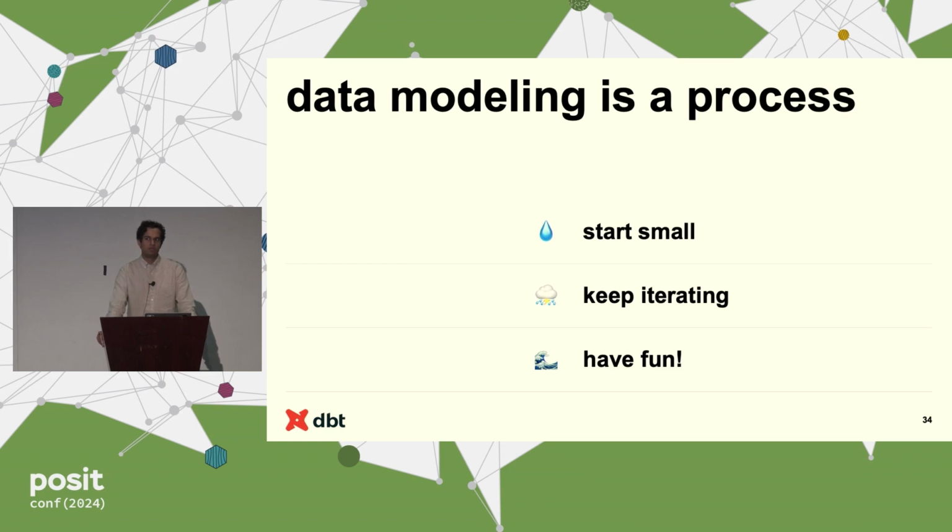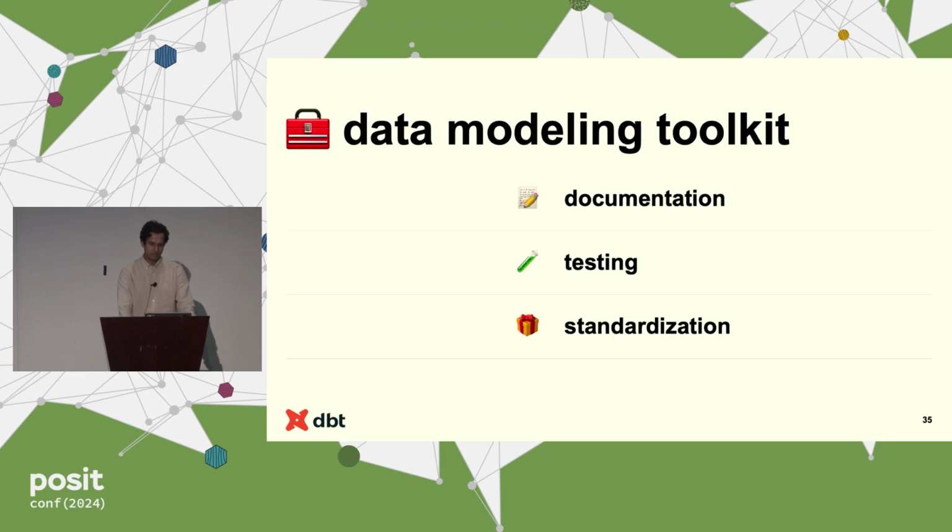And there's nothing better than going off on holiday and then having your team change something, and then you come back and you immediately know what changed, because the documentation was there, the tests were there, they're standardized, all of that stuff. And so the toolkit is stuff we've talked about already, but these are the 3 things you can start doing, which is documentation, testing, standardization. Standardization I've put as a present because it is a present to your organization.